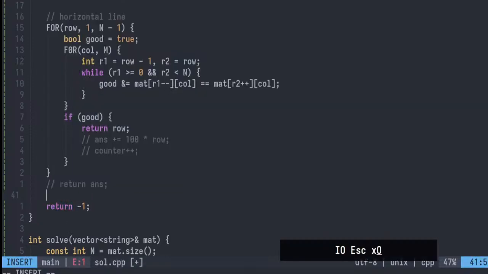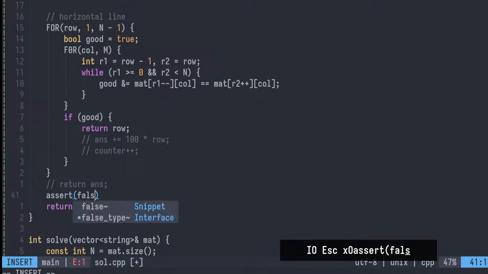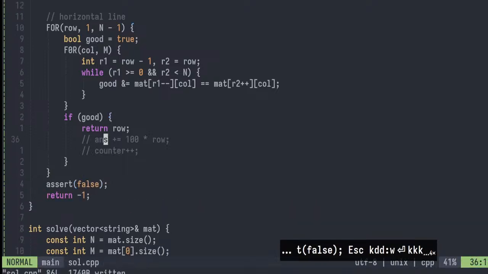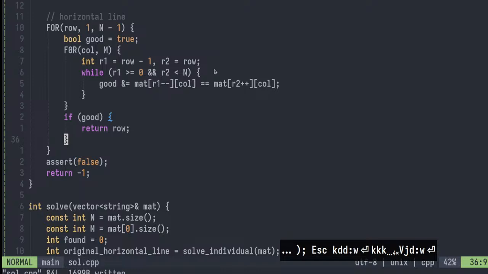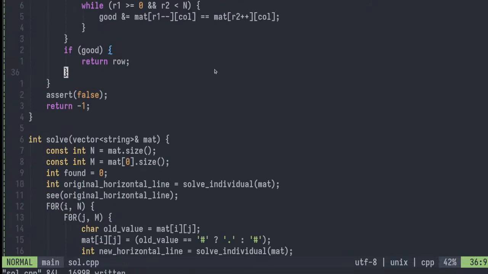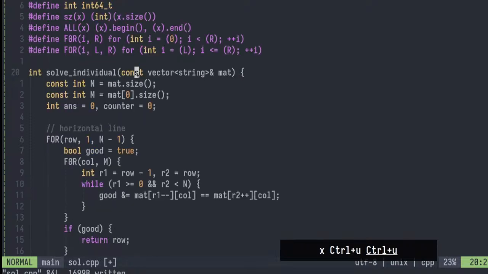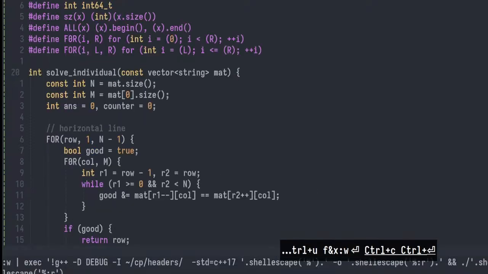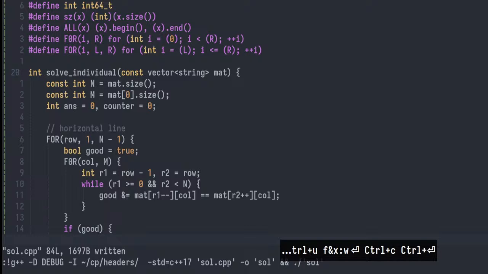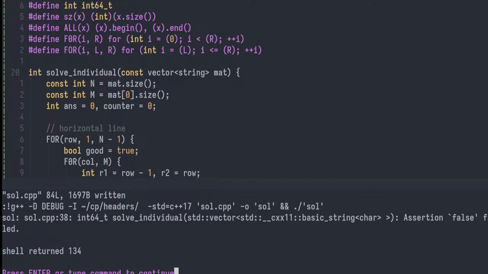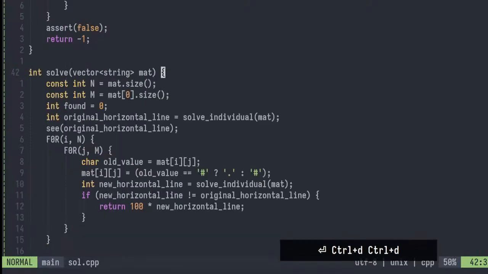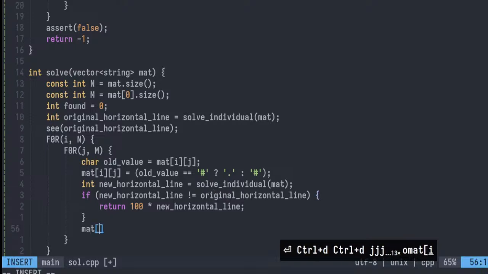Let me assert here that we always find a thing. Is there anything to do here with references? Let's try. Let's change this to old value here.